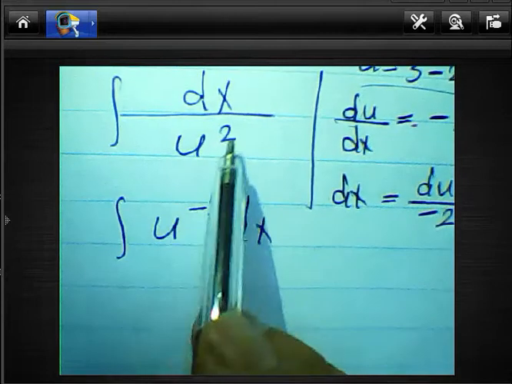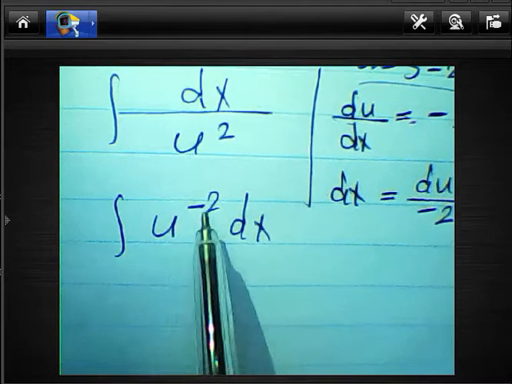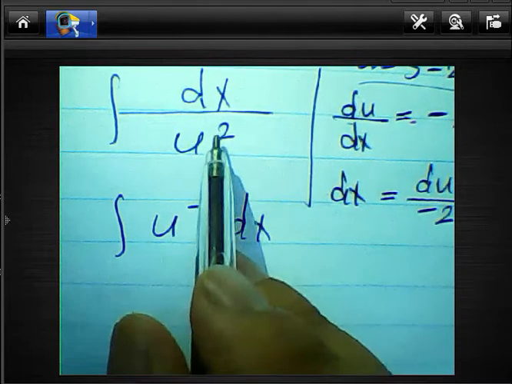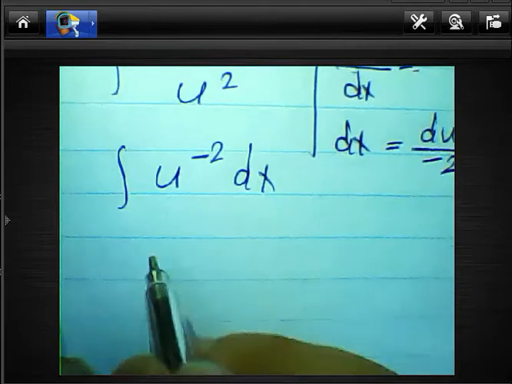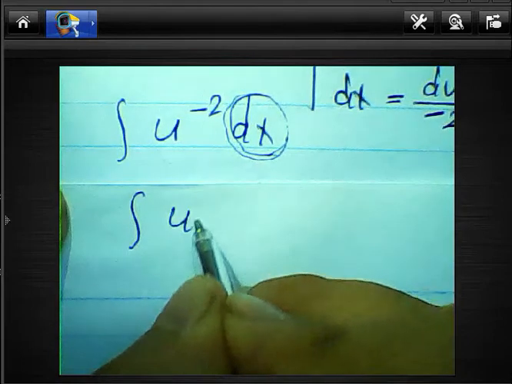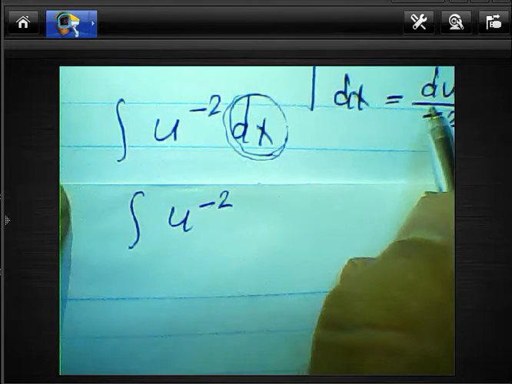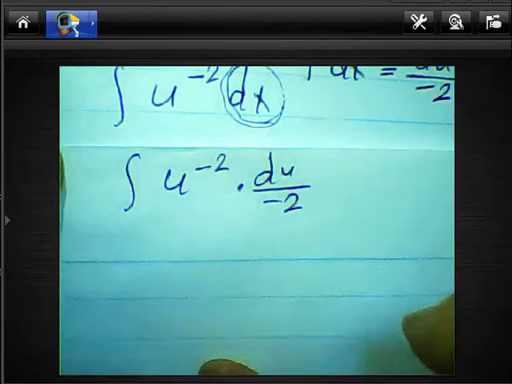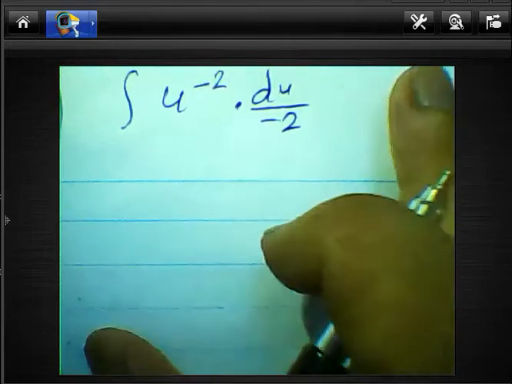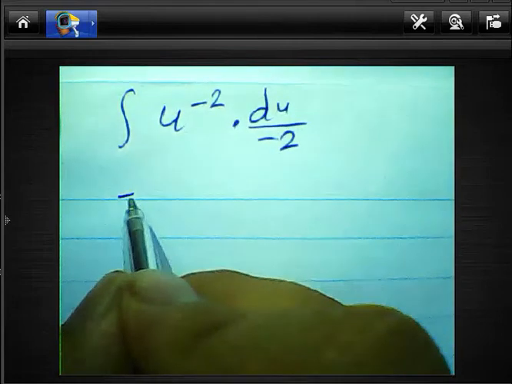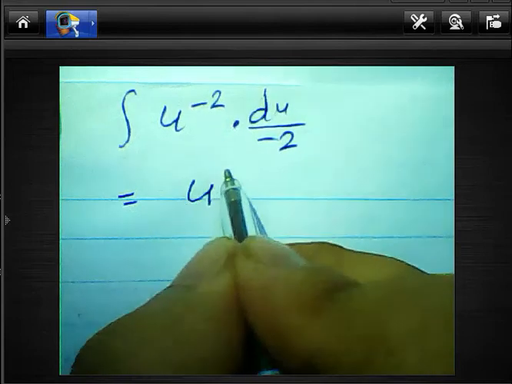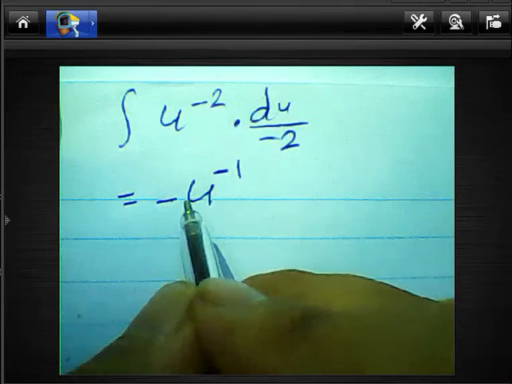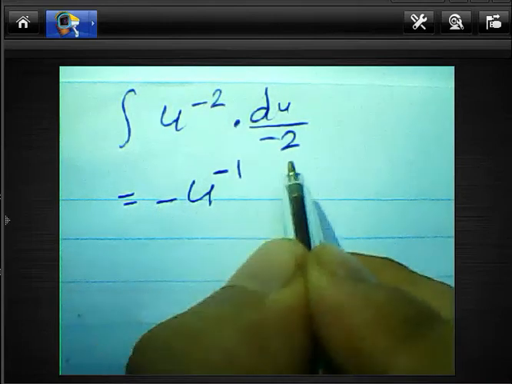We write u^2 in the denominator, and convert the power to the numerator by inverting the sign, positive becomes negative, so we integrate u^(-2), and we replace dx with du over negative 2. We can write negative 1/2, add 1 to the power and divide by the new power, which is negative 1.